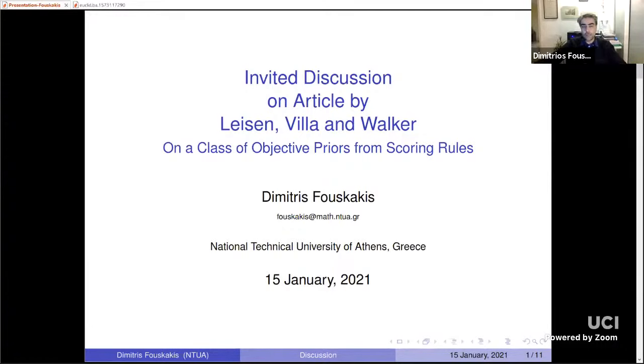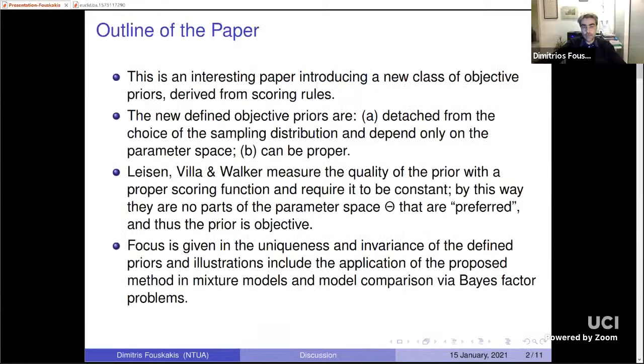So let me start by giving a brief outline of the paper. I think that this is a very interesting paper, introducing a new class of objective priors derived from scoring rules. I really enjoyed reading the paper. I really enjoyed the presentation of the paper today by both Stephen and Fabrizio.